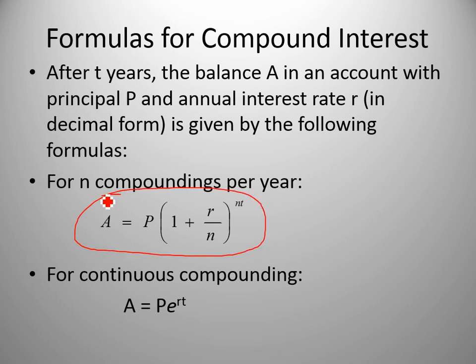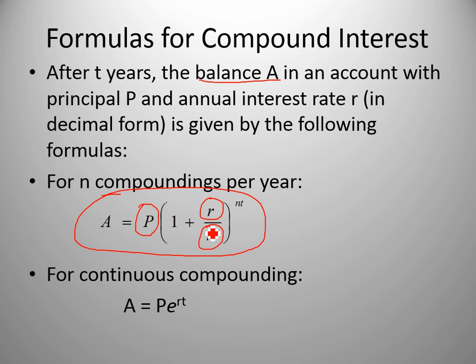A stands for, in this case, the balance in your account. P is the principal, that's how much money you have in the bank. R is your interest rate. Just remember, always convert your interest rate to a decimal when we're talking about formulas here. N is how often your interest is compounded per year.